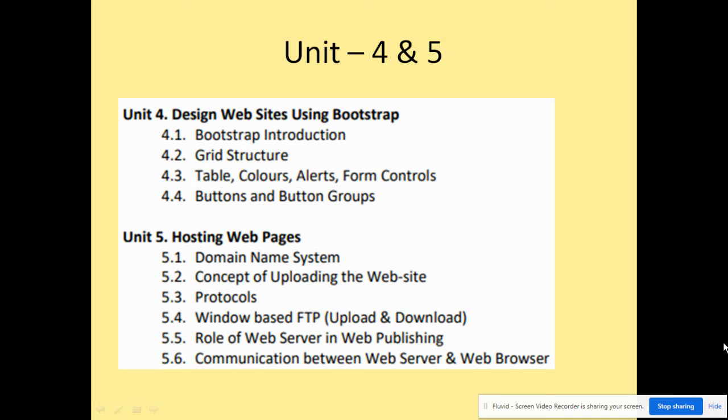Unit 4 consists of websites using Bootstrap. Now Bootstrap is a tool which helps us design the overall website, including the CSS, predefined CSS. So we'll learn the introduction of Bootstrap, grid structure, table, buttons, etc.